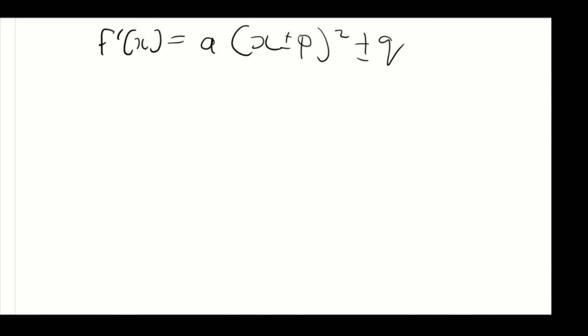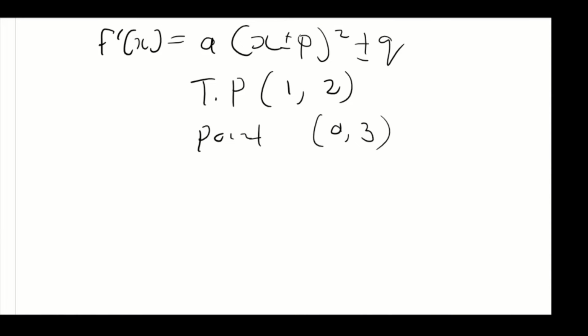We can simply write f prime of x equals a times (x plus or minus p) squared plus or minus q. Our turning point is given as (1, 2) from the diagram, and we have a point at (0, 3). The x value of the tangent is equal to 1.